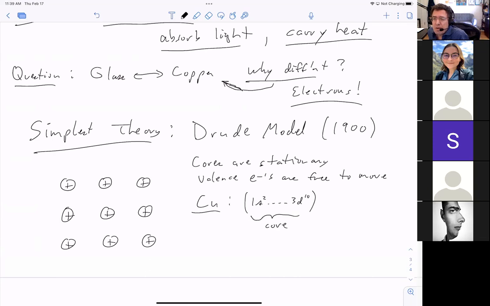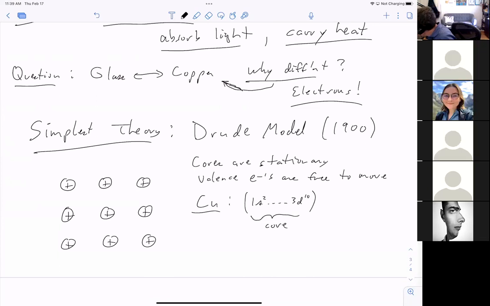I'll give you a hint. It's just one electron. It's in what shell? Chemistry question. 4s. Very good. Yeah, 4s1. The one means there's one electron in the 4s shell. That's right. So for copper, that is the valence electron.